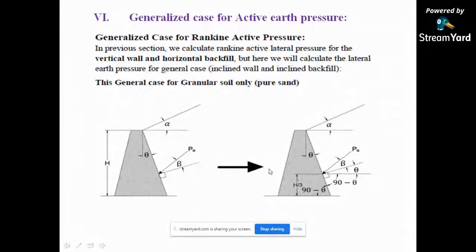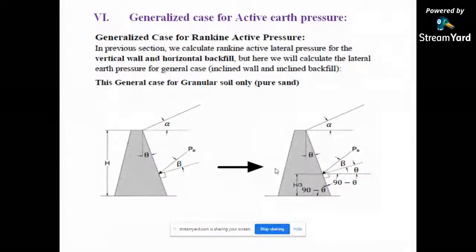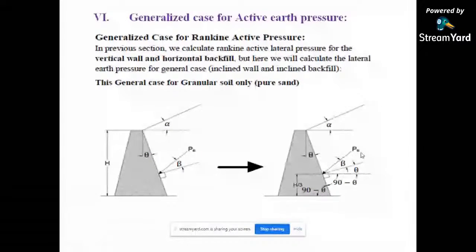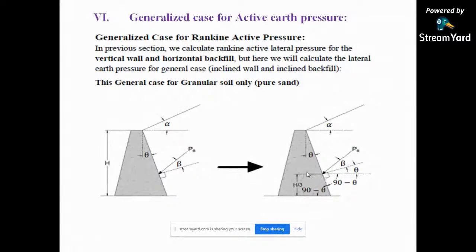Further, if we solve, because we have to calculate all the values in numerical form, this is the soil with height h, with angle alpha and angle theta. We are considering the force PA of active earth pressure acting at this point.